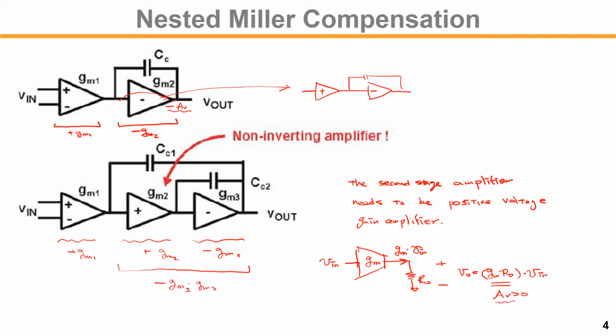For an ideal transconductance amplifier, what would be the characteristic of the output resistance? The RO is infinity, and thus the AV is infinity.